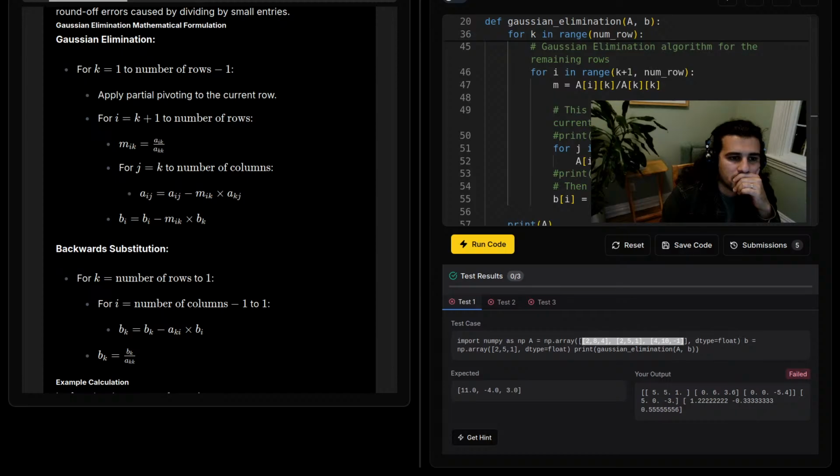Okay, I'm just on Wolfram Alpha right now, just double checking.